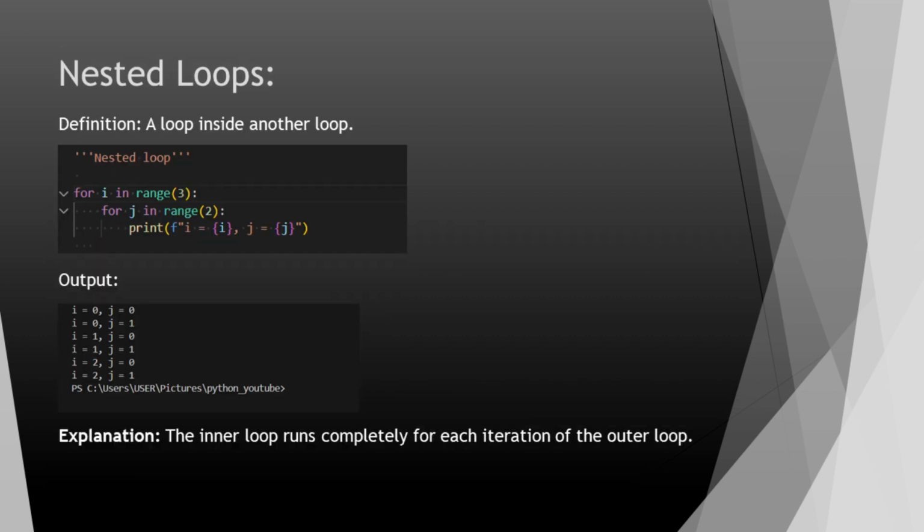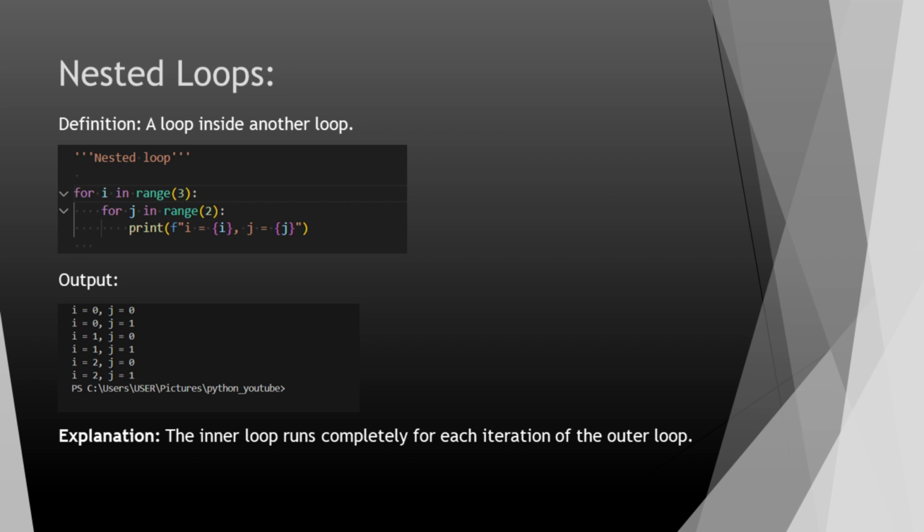Now let's talk about nested loops. What are nested loops? A loop inside another loop. So in this code, for i in range(3) and for j in range(2). The for i in range is our outer loop and the for j in range is our inner loop. You can say that i works as rows and j works as columns.